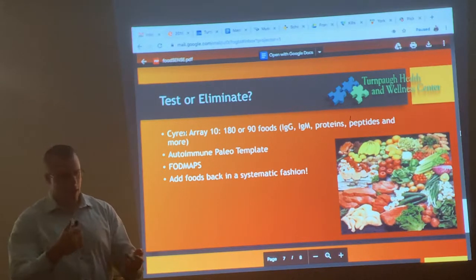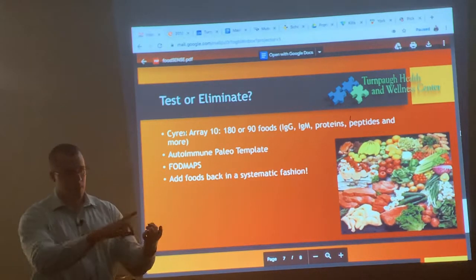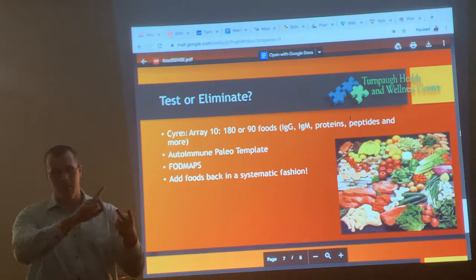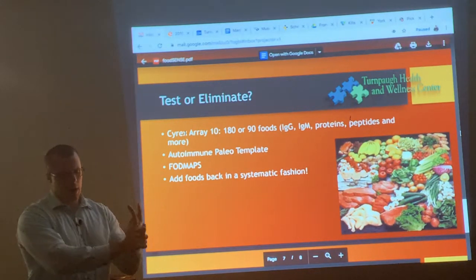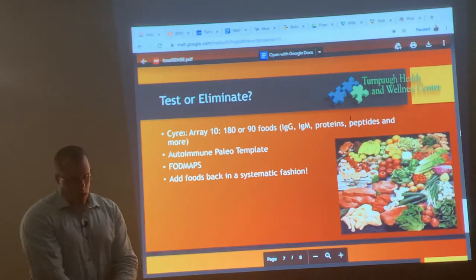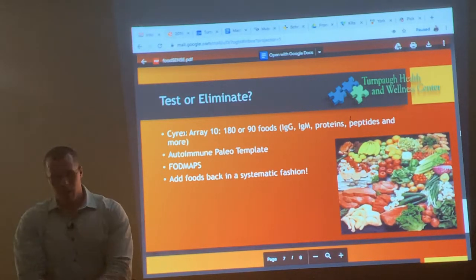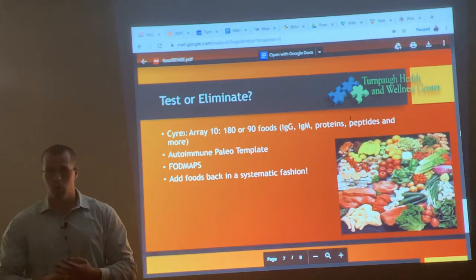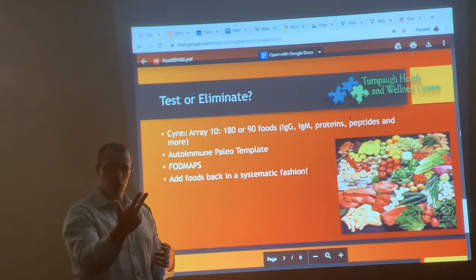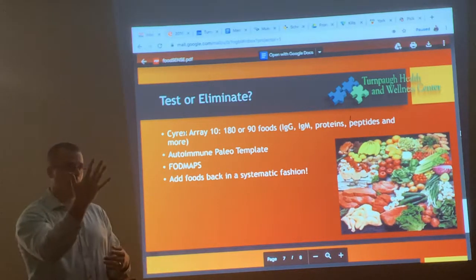He'll say, what we can eat: meats, veggies, fruits, sweet potatoes, plenty of healthy fats.